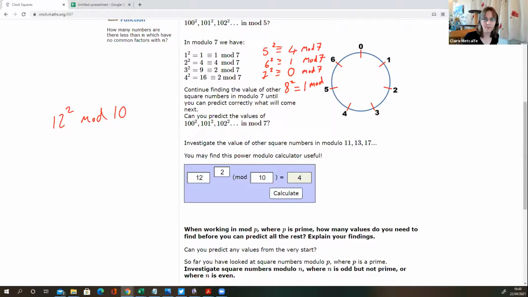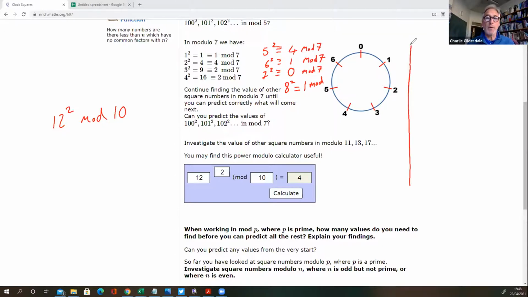And there's some really nice patterns to notice here and to try and explain. So we've got the numbers 1, 4, 2, 2, 4, 1, and then 0. So we've got 1, 4, 2, 2, 4, 1. We're going up and down in a sequence. Go on, Charlie. Well, I think what's nice about this is we can explain it.